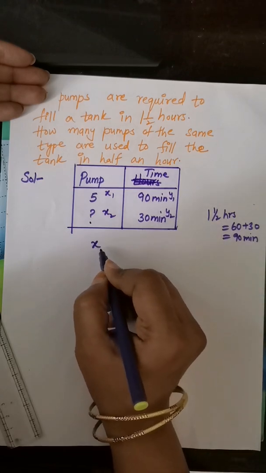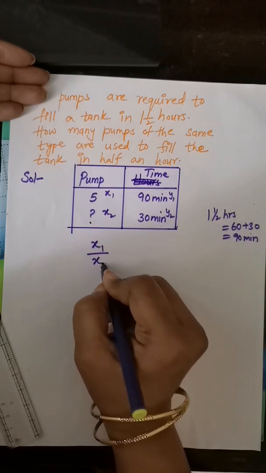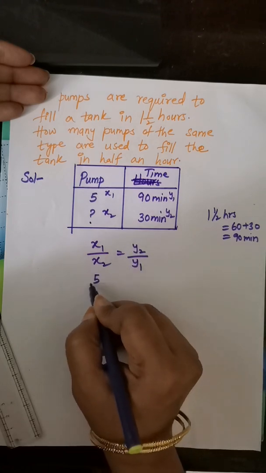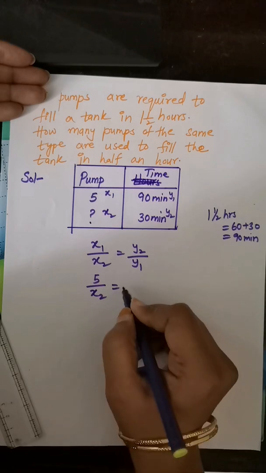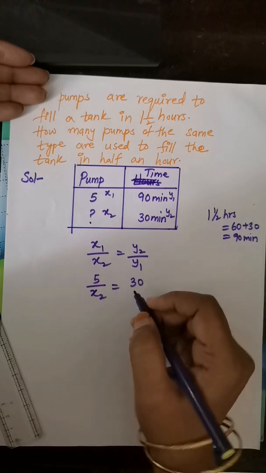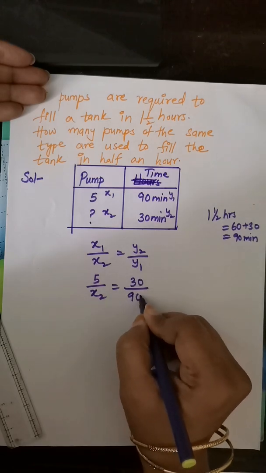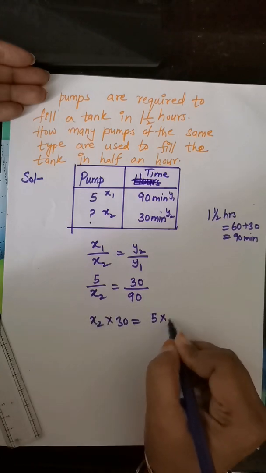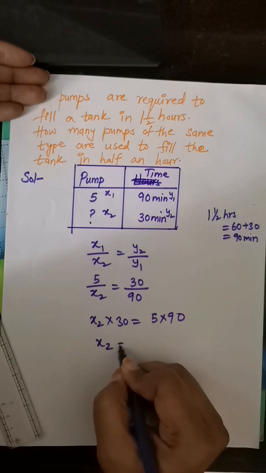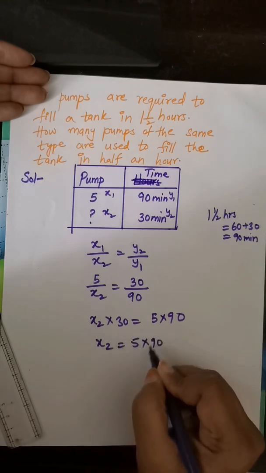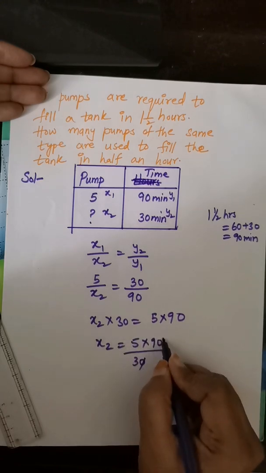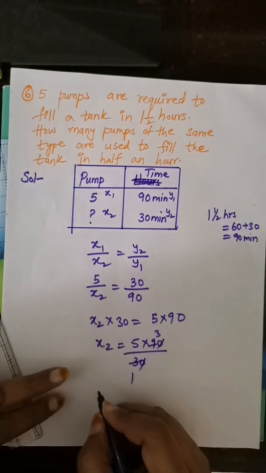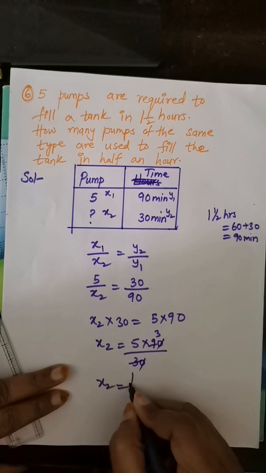If it is inverse proportion, x1 by x2 is equal to y2 by y1. 5 by x2 is equal to 30 by 90. x2 into 30 is equal to 5 into 90. x2 is equal to 5 into 90 by 30. 30 will go down, 0, 0 cancel. 3 1s are 3. 3 3s are 9. So 5 3s are 15.